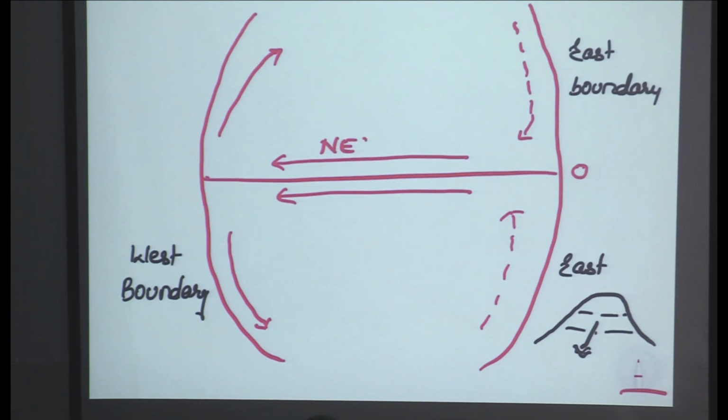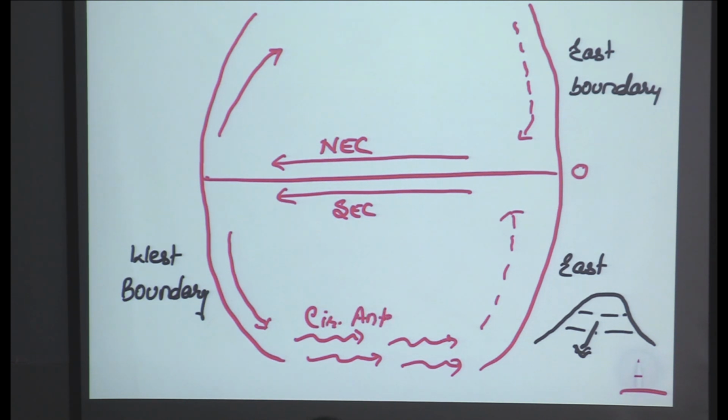North equatorial current, south equatorial current, and then comes in the Southern Ocean, the circumantarctic drift, and in the Northern Basin it will be called the North Atlantic or North Pacific drift.